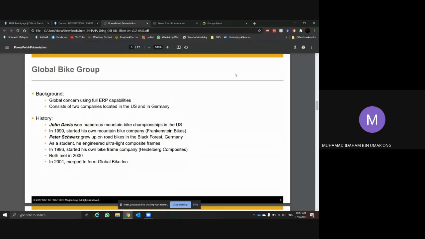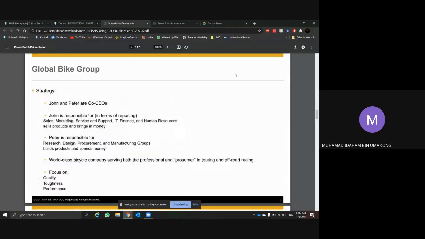Okay, so we have some of the responsibilities that are being taken by John and also Peter. If you look at here, some of the different business processes, some of the different focus of the 2 persons is being assigned here.